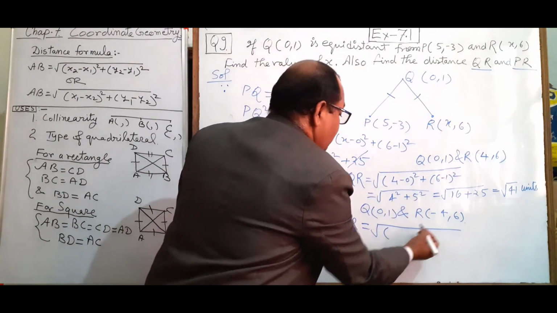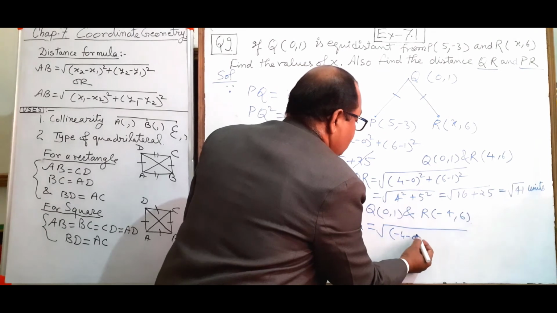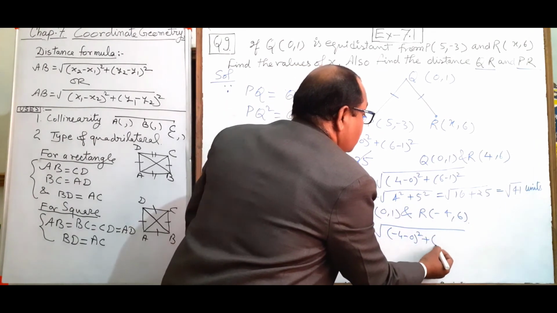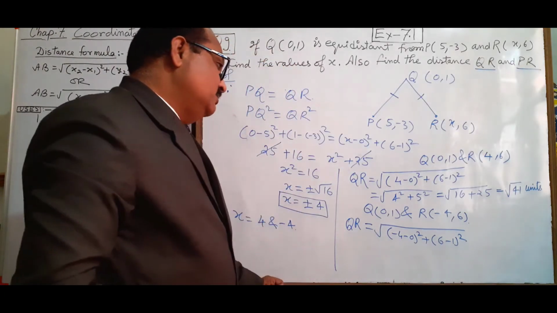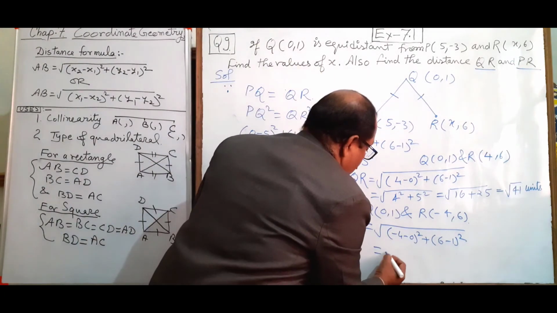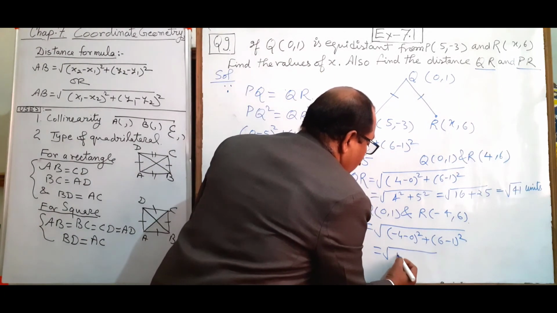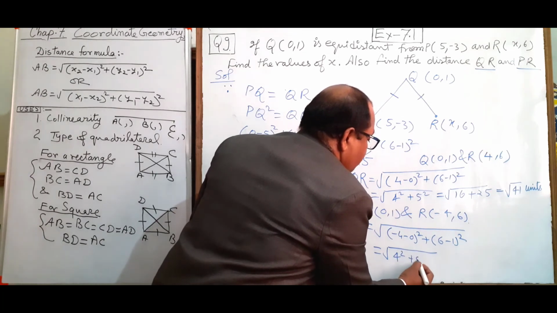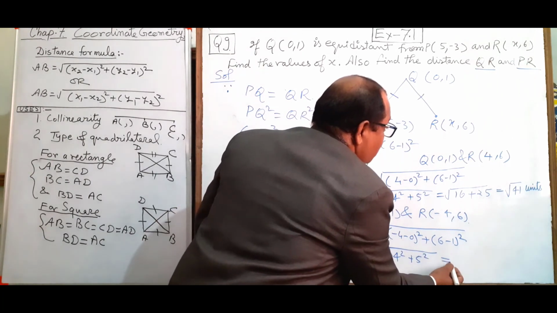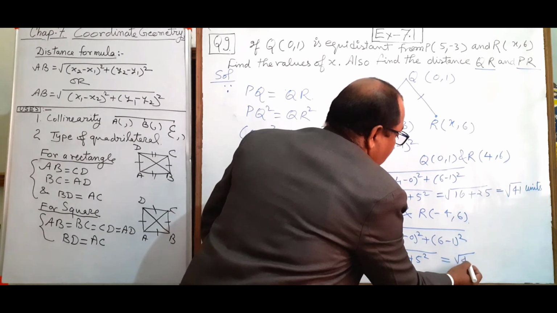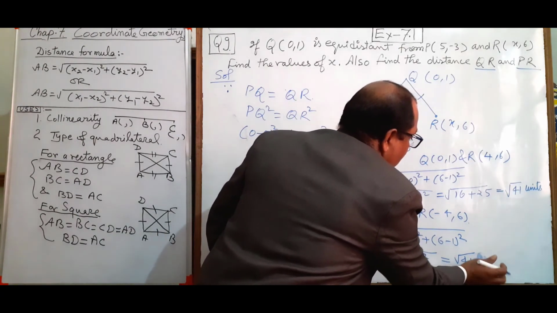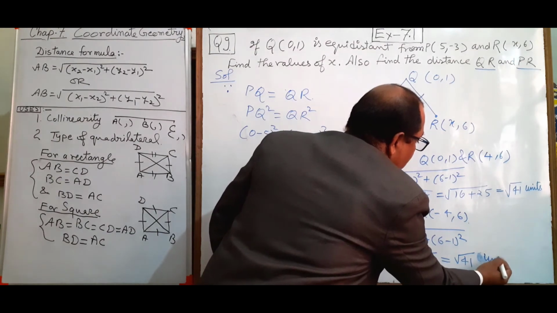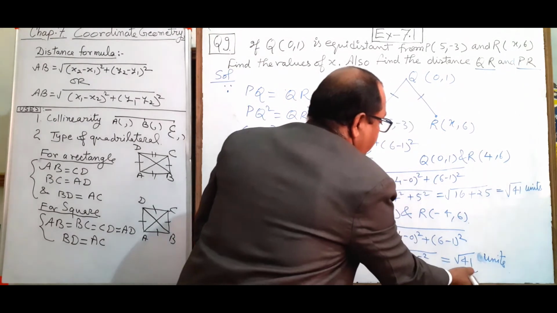Simplifying it: (minus 4 minus 0) whole square plus (6 minus 1) whole square. Ultimately you will get the same value, no change, 4 square plus 5 square. If you simplify, it will again be under root 41 units. So in both the cases the value is the same.